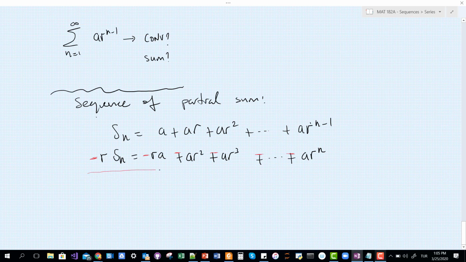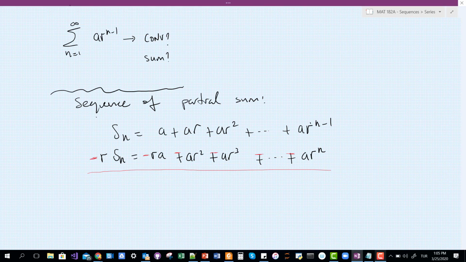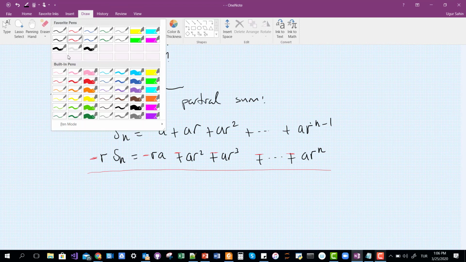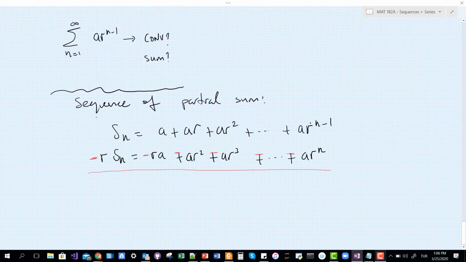So now I can add them. If I add them, look at that, this term will cancel with this term, and this term with this term, and then all the terms will go away, except my last term and my first term.